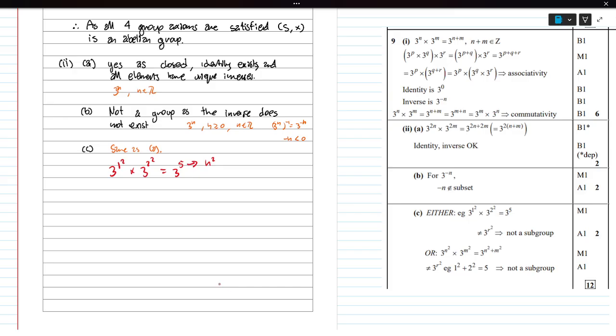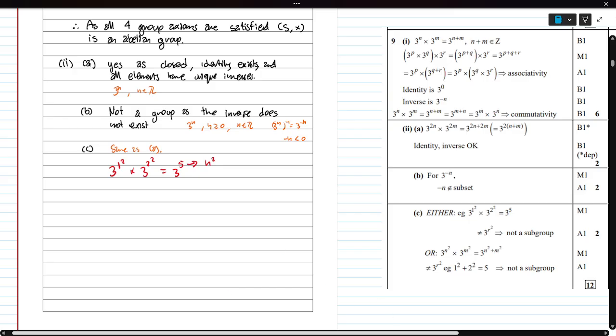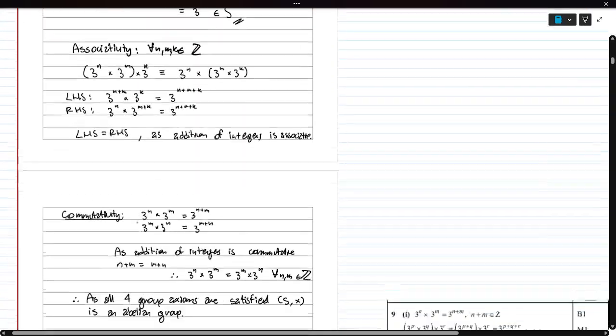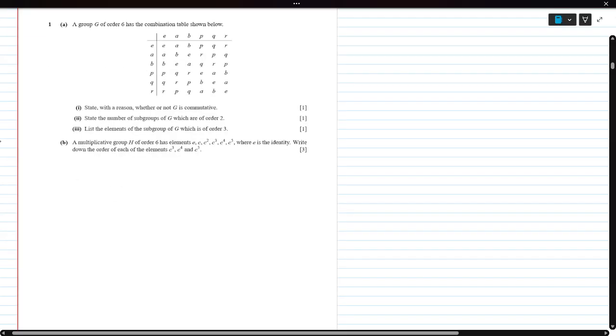It's not a square number. Oh, okay. n squared plus n squared is equal to your indices. That does not mean it's always equal to k squared. Okay, fair enough. So I would not get those marks. Good that I checked. Okay, next question.